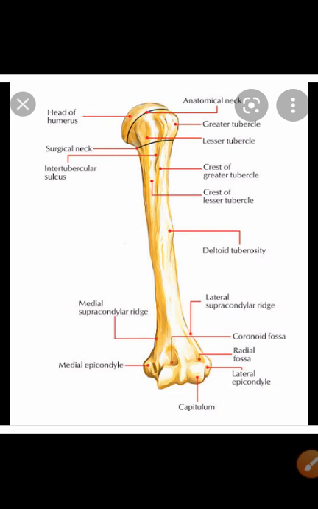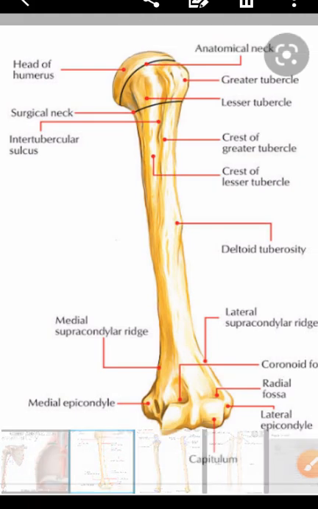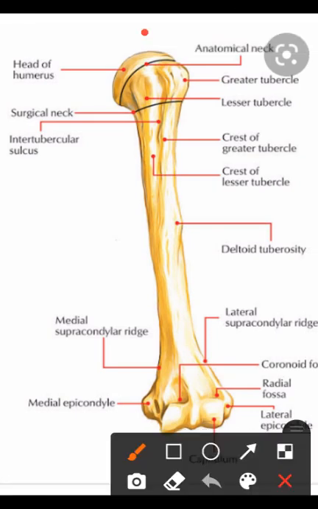Now we have to explain the osteology of the humerus. First of all, on the proximal end, you can see the head of the humerus, which will be pointed toward the medial side, and this is located in the glenoid cavity of the scapula, which is present on the lateral angle of the scapula.